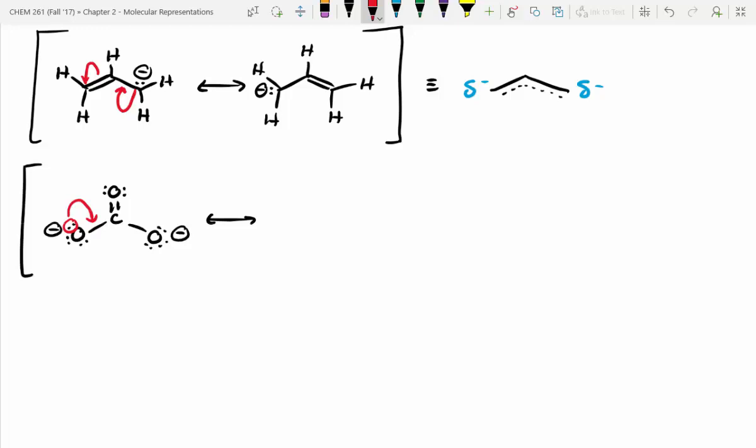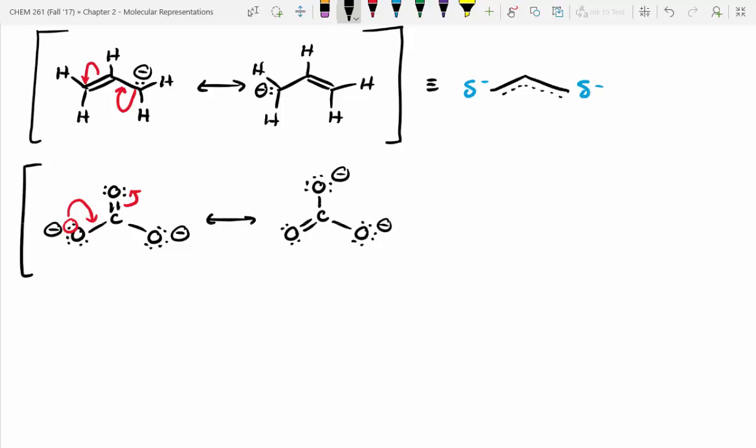If we do that, though, that carbon now has more than an octet, so we need to free up some electrons. So we'll take this pi bond and move it up to that carbon. So now this carbon-oxygen bond is the double bond. This one's now a single bond, so I'll show 3 lone pairs here, 2 lone pairs here, and then this one was untouched.